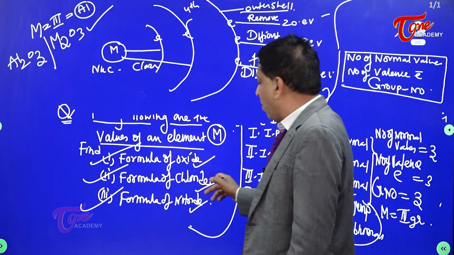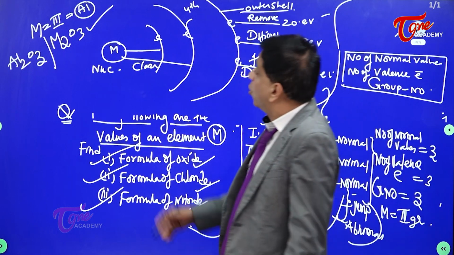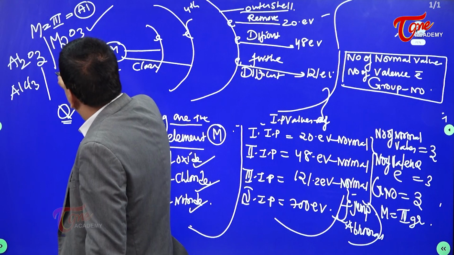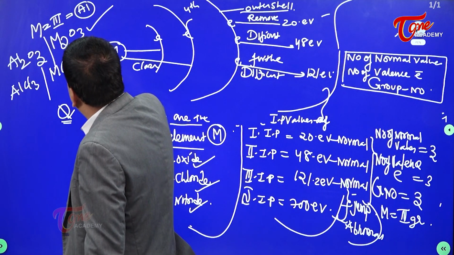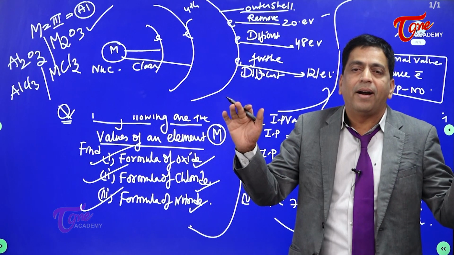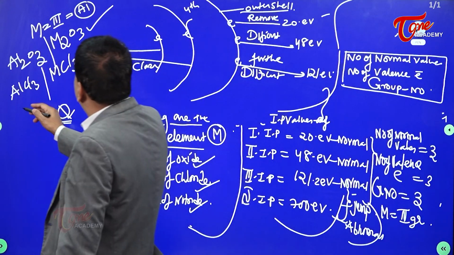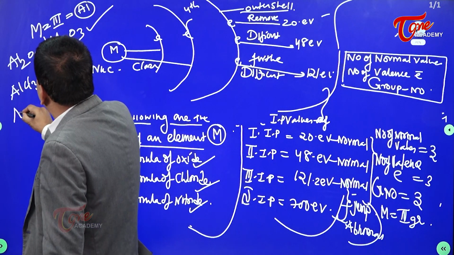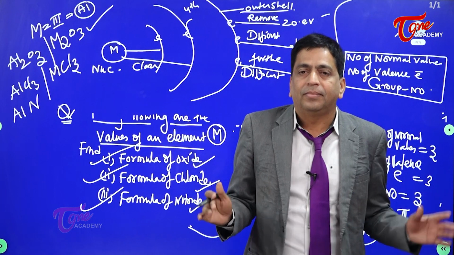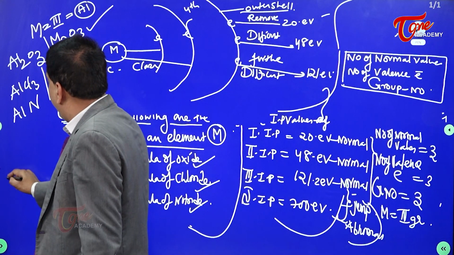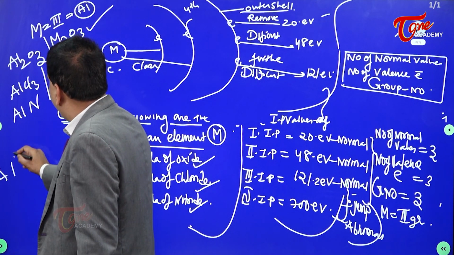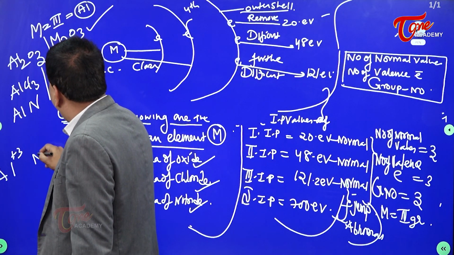Second is asking the formula of chloride. Well, you know the formula of chloride of aluminium is AlCl3, so it is nothing but MCl3. Now he is asking the formula of nitride. Well, aluminium nitride looks like this, AlN, because it is basically Al3+ and N3-.